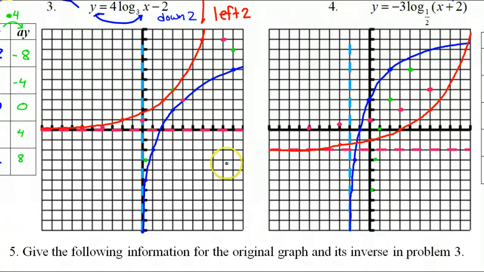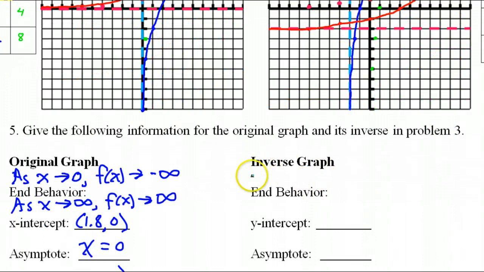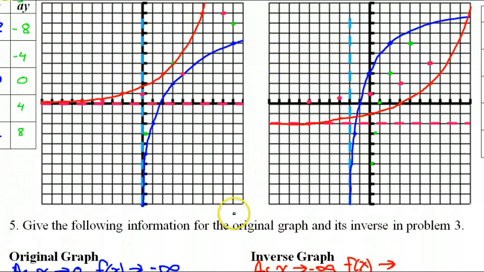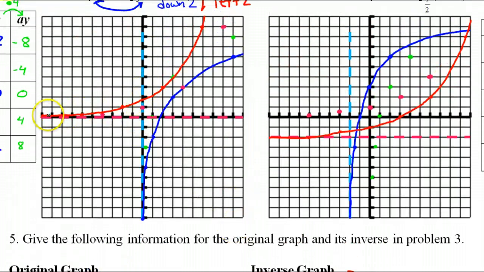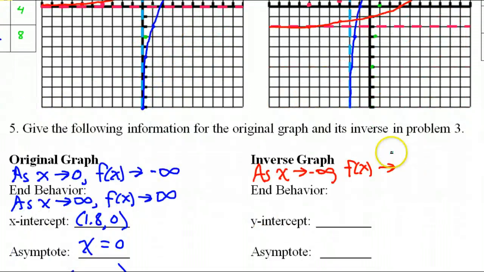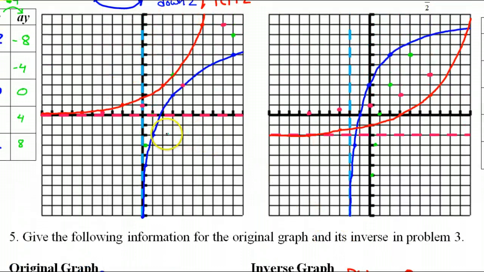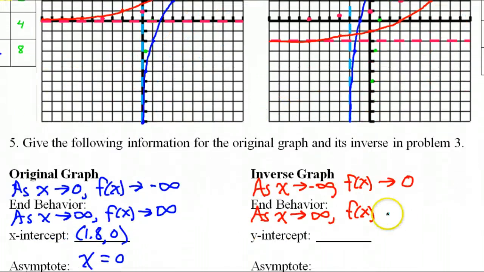So as x approaches negative infinity, f of x approaches... as we go to the left, the function approaches the asymptote, which is 0. As we go to the right, so as x approaches infinity, f of x approaches infinity. As we go to the right, it goes up forever.